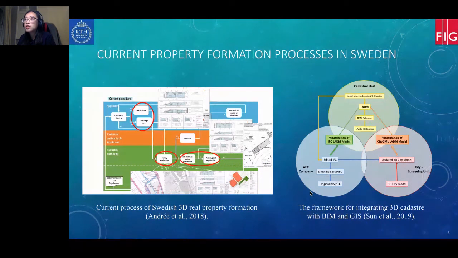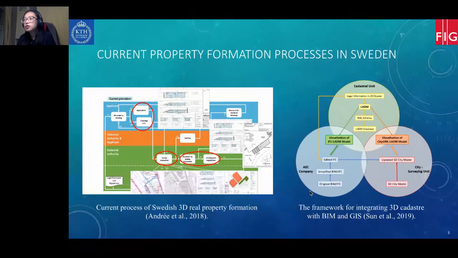So in the left figure, Andrea presented the current 3D property formation process and developed a vision of a future where the different actors cooperate in conjunction with BIM and GIS, and formulated the general basic requirements for 3D cadastral formation. She proposed a framework, shown in the right figure, to integrate the 3D cadastre and the 3D digital models, both BIM and 3D GIS, CityGML.